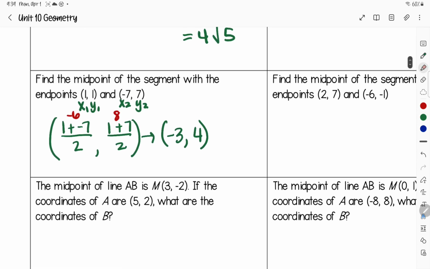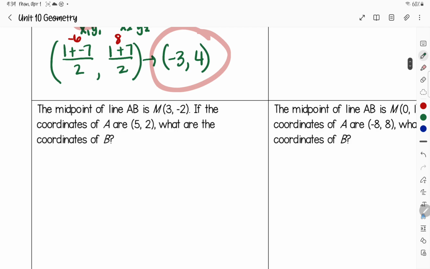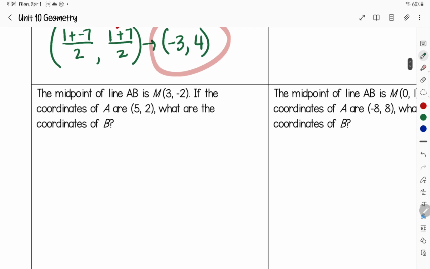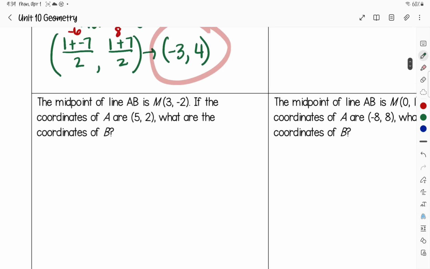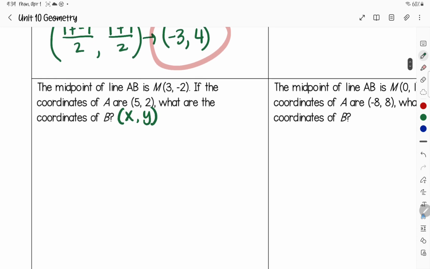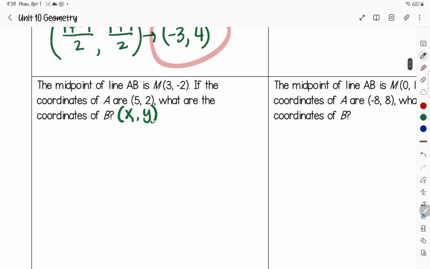So B is going to be x and y. We don't know what those are yet, so we'll make them x1 and y1, and the ones given will be x2 and y2.